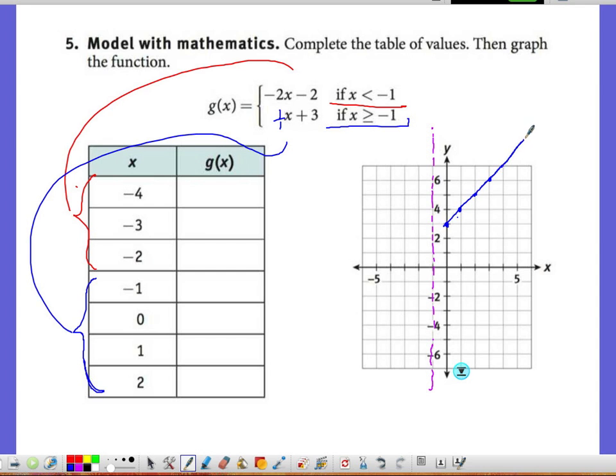There's no wall on the right side. And so I draw an arrow at the end. And now, eventually it's going to hit the wall. And it looks like it's going to hit the wall at (-1, 2). So I have to figure out, once I hit that wall, am I going to have an open or closed circle? Well, it's going to be a closed circle because I have greater than or equal to. So I draw a closed circle.